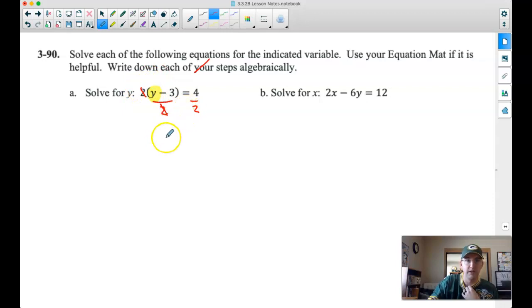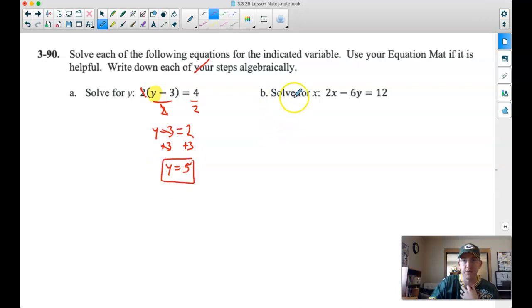So we are left with y minus 3 is equal to 4 divided by 2, which hopefully we all know is 2. And then lastly, if we want to get that y by itself, we have to add a 3 to both sides. And then the 3's cancel on the left. So our y is equal to 5 for part A.